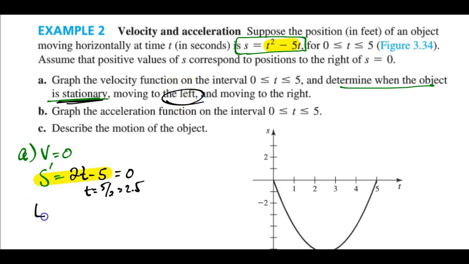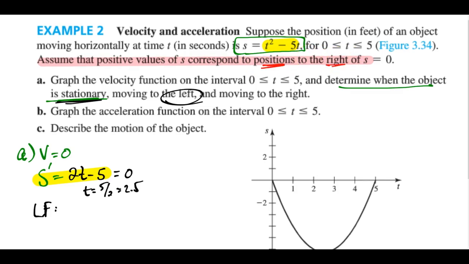Then it's moving to the left from, well, I might need to do a little bit of reading here. It says assume positive values correspond to the right. So we want to go left. So let's set the velocity function less than 0. That means it's going to the left. So that means t is less than 2.5.